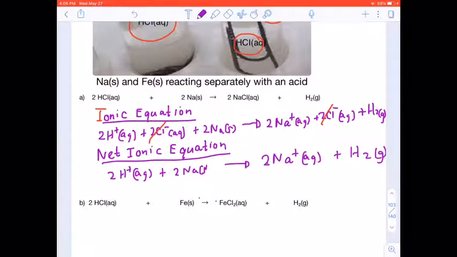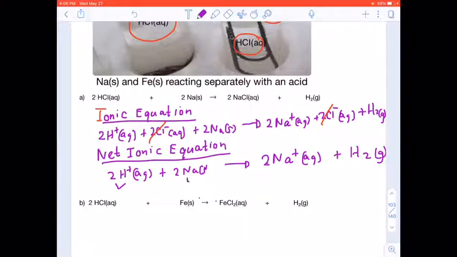So what is this net ionic equation telling us? It's telling us that if we have H plus, and we know the source of H plus is an acid, because an acid, when it dissolves in water, forms H plus in solution.